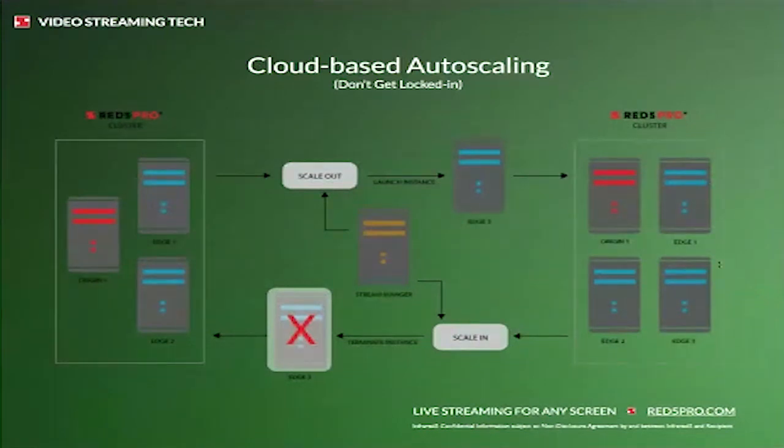And then after that, it dies down a little bit. The load goes down. It can actually scale in and terminate the instance. The stream manager is managing all of this stuff, and then puts it back into the original state. And this can go down to just having one edge and one origin. That's the basic model for this thing.